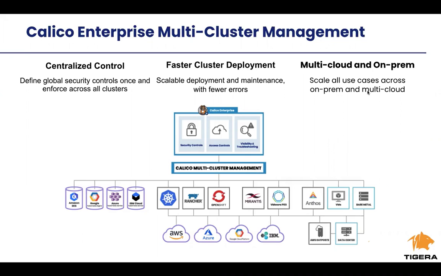The networking team and the security team get involved, and a lot of the requirements that are true inside of or outside of Kubernetes in your data center or your cloud come into play. And you can use Calico Enterprise to meet those security requirements, to be able to segment workloads from one another. And with Calico Enterprise multi-cluster management, you can do that not just inside of a single cluster, you can do that across clusters. And we're going to get into that in just a moment.